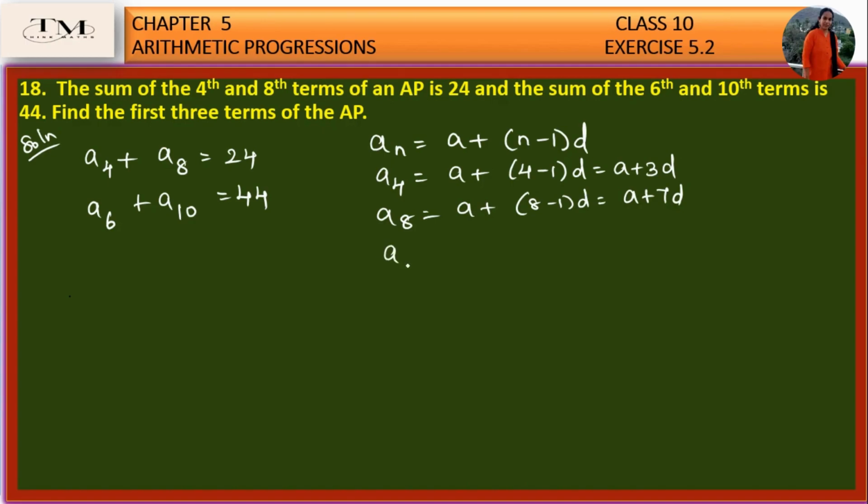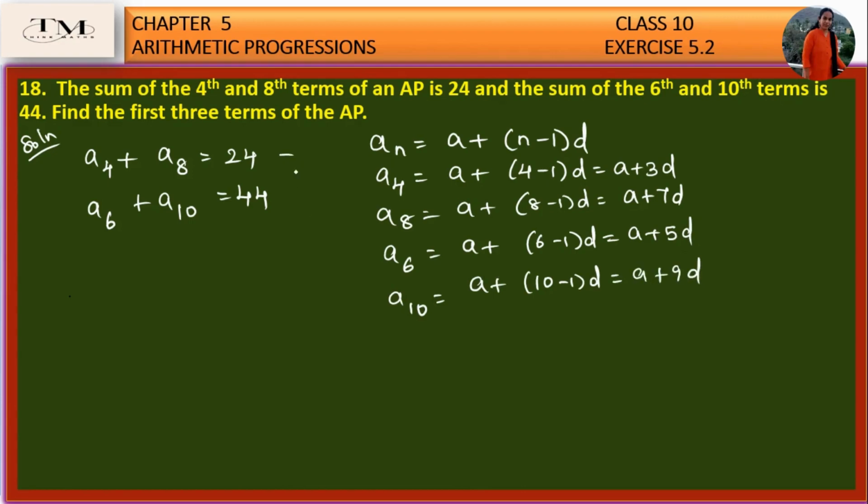If you put A6, A plus (6 minus 1) into D, we get A plus 5D. A10 is equal to A plus (10 minus 1) into D, we get A plus 9D. So we can use all these values in both the equations.